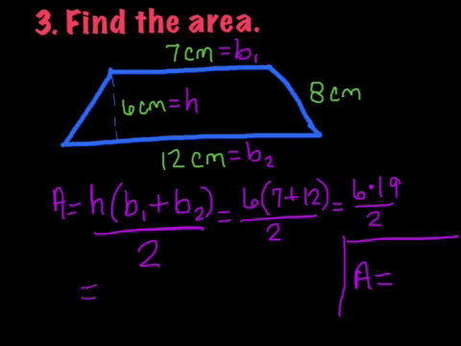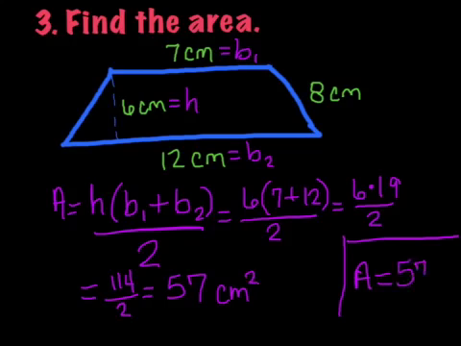Move down here. 6 times 19 is, let's see, 114 divided by 2. Well, 114 divided by 2 is 57. So our answer would be 57 square centimeters, or centimeters squared.